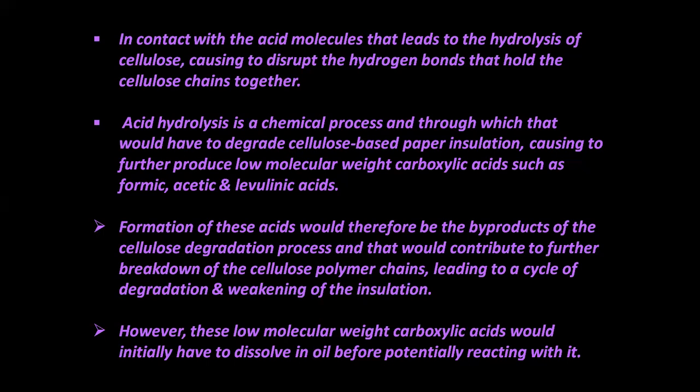Formation of these acids would therefore be the byproducts of the cellulosic degradation process, and that would contribute to further breakdown of the cellulose polymer chains, leading to a cycle of degradation and weakening of the paper insulation.